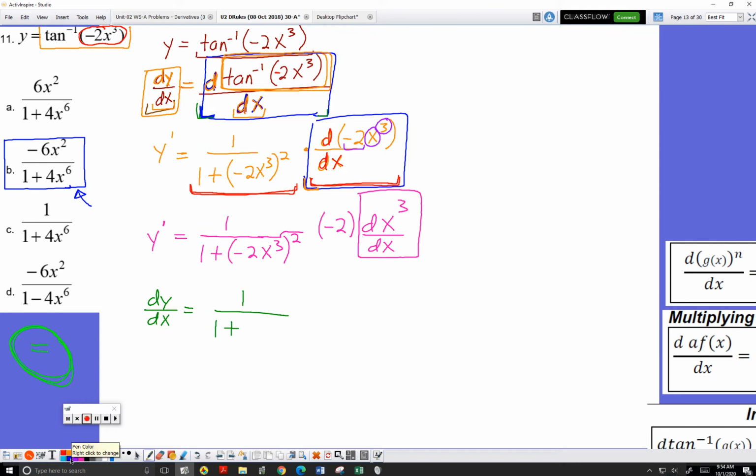This says -2x cubed squared. That means -2x cubed multiplied by -2x cubed. Which means you've got a -2, you've got x times x times x, and then you've got the whole thing again. And all of those things are being multiplied together.